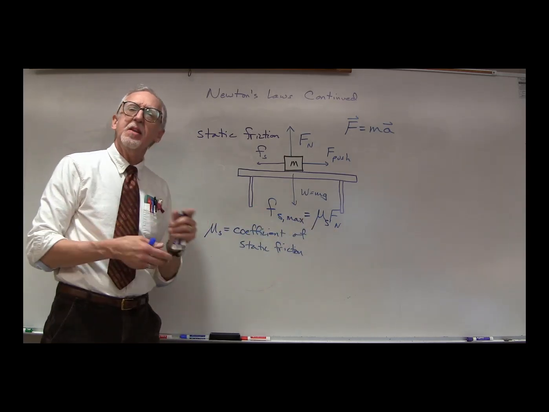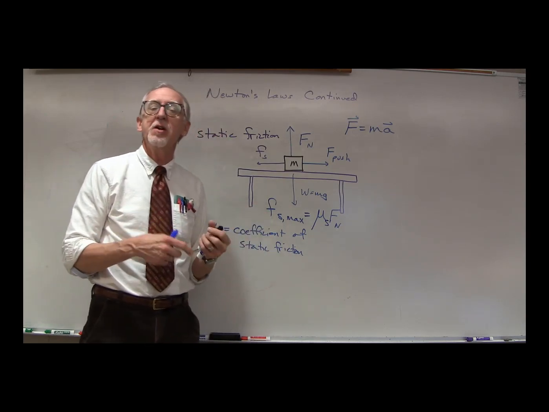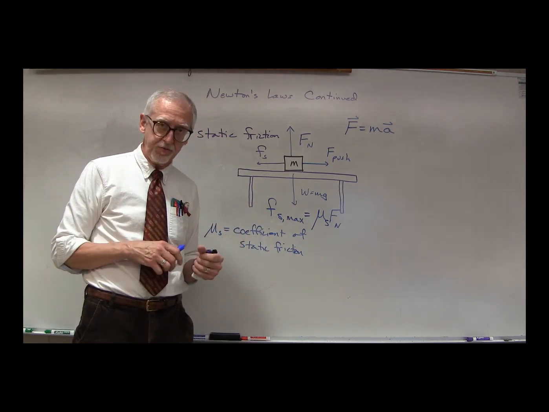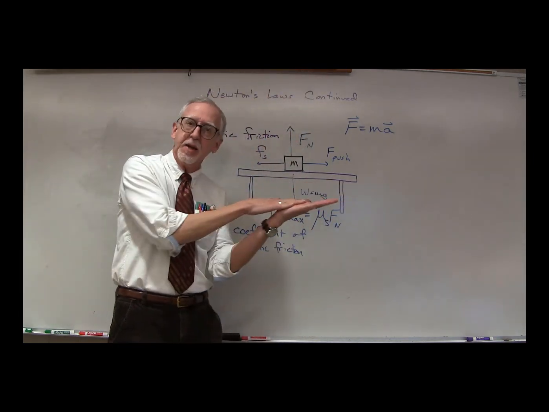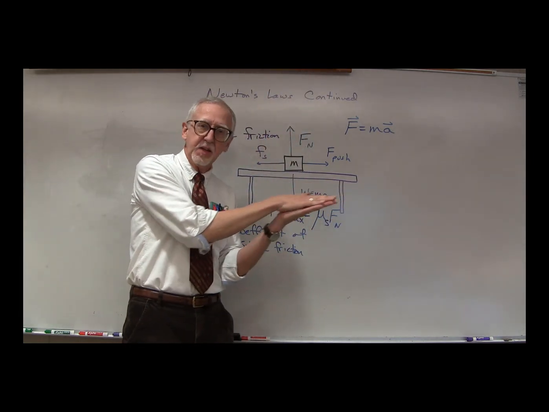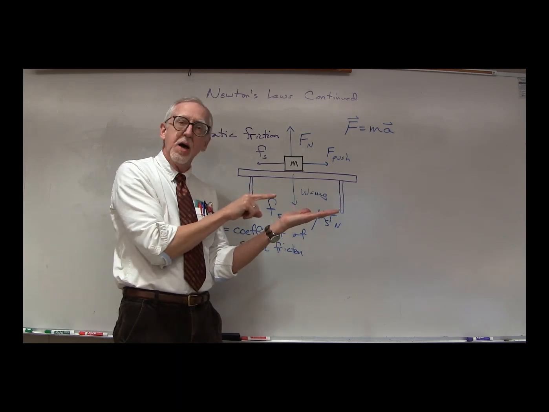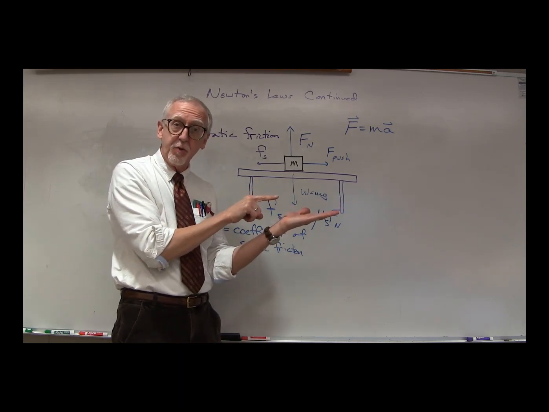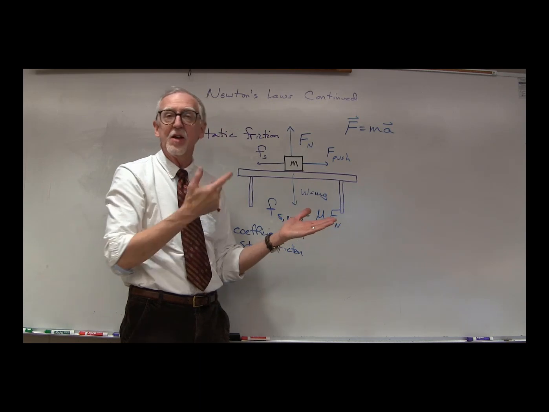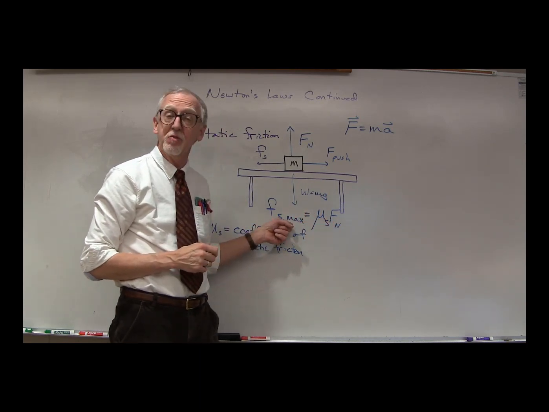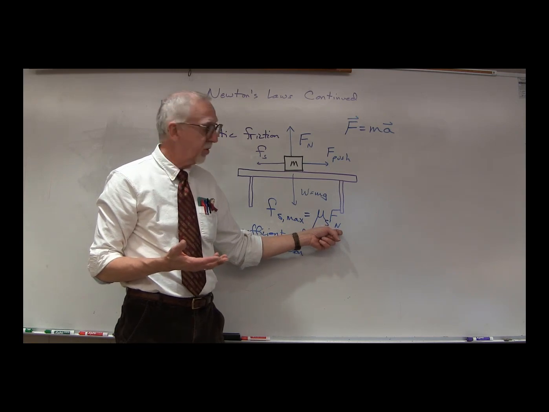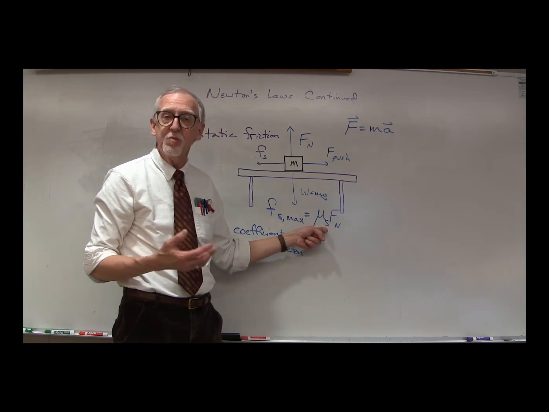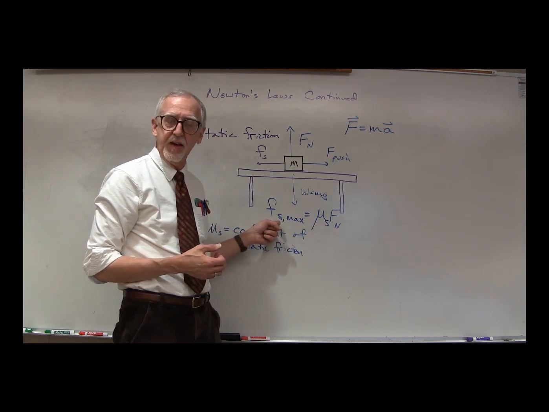Mu s basically tells us how much friction there is between the two surfaces. If we have two surfaces that are very slippery and slide very easily, then we don't need to apply much of a pushing force to get the object to move. In other words, Fs max will be small, and so we could even have a large normal force, so mu s would be small to give us a small Fs max.